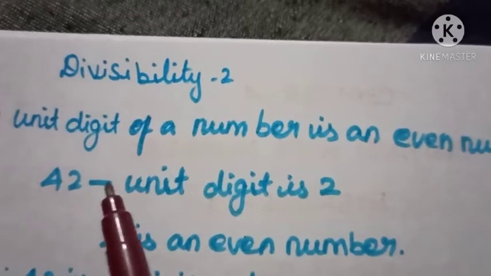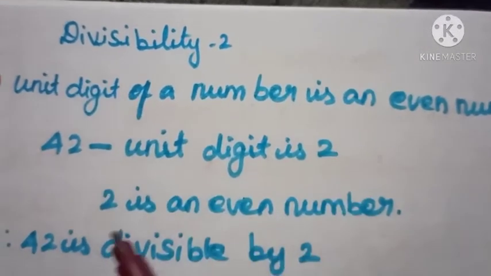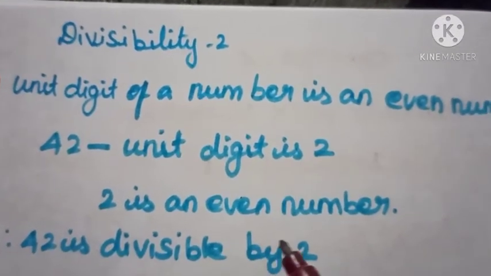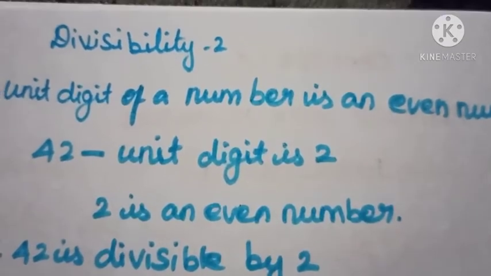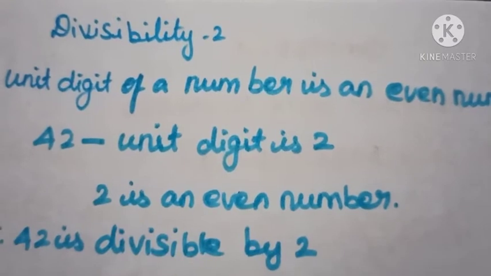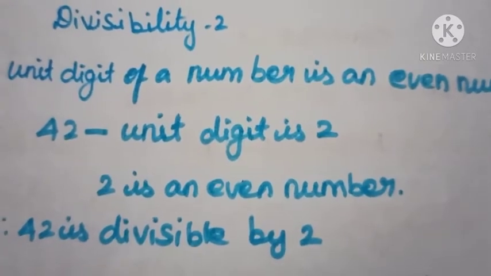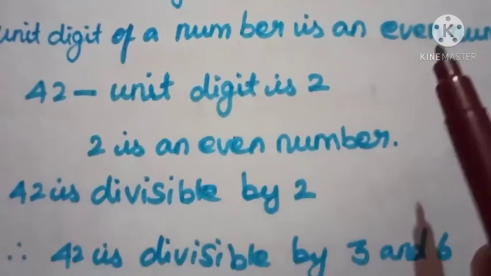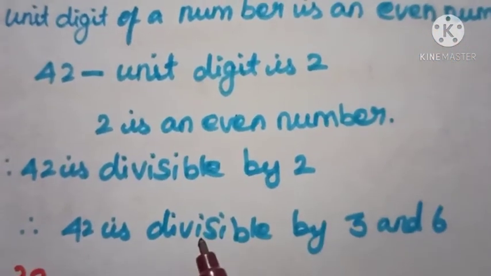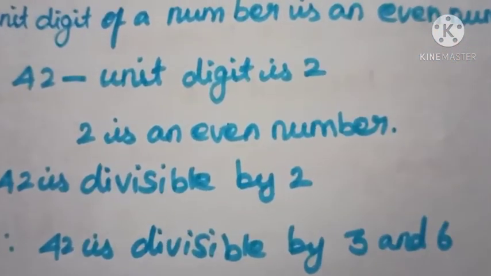So 42, unit digit is 2, so 2 is an even number, therefore 42 is divisible by 2. Already I told, if a number is divisible by 3 and by 2, that number is divisible by 6. Divisibility rule 3 is satisfied, and 2 is also satisfied, therefore 42 is divisible by 3 and 6.